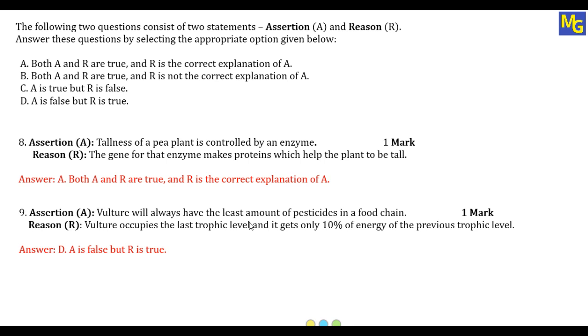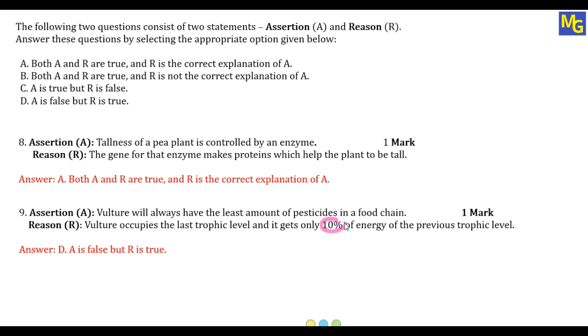So as vulture is present on the last tropic level, they should have the highest amount of pesticides. Biomagnification will be more in these vultures because vultures are present on the last tropic level, and that's why assertion is wrong. But this reason is correct, because they are present on the last tropic level, they will get only 10% from the previous tropic level.